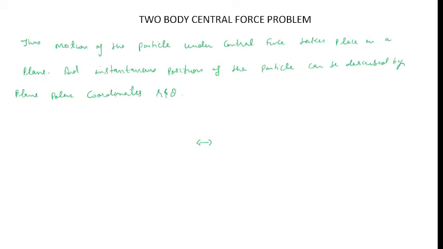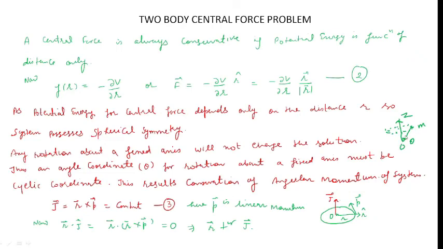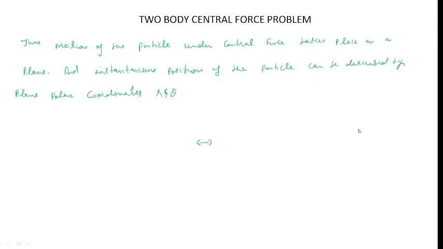You can also see in the diagram that when a particle is rotating about a fixed axis, it will constitute a circle, or a plane, and the motion and the position of the particle in this plane will be represented by r and theta. So here we can say that the instantaneous position of the particle will be described by the plane polar coordinates r and theta.